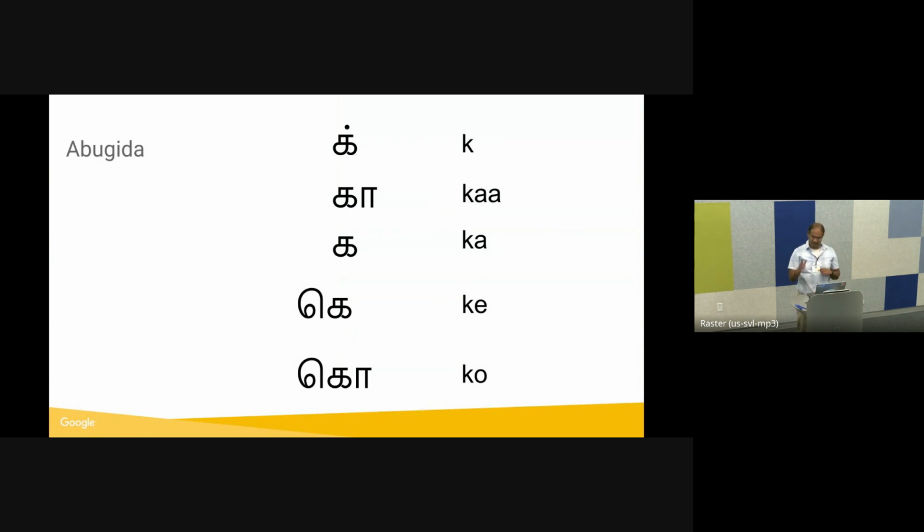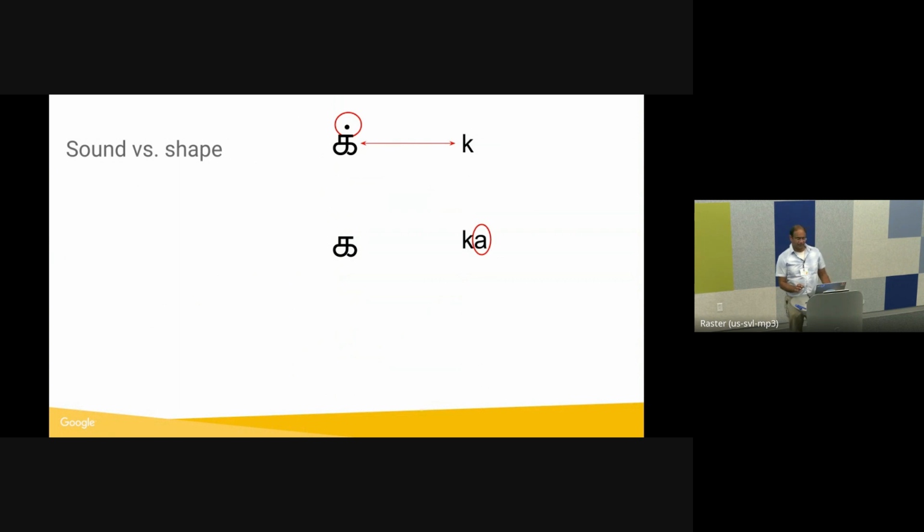So we have these letters ik, ka, ke, ko. And here's the shape that represents the consonant, the K sound, in all these letters. And then here are the things that we draw around it to indicate whether there's a vowel sound. One thing to point out is that Abugidas are not perfectly consistent because a shape doesn't necessarily correspond to a sound or vice versa.